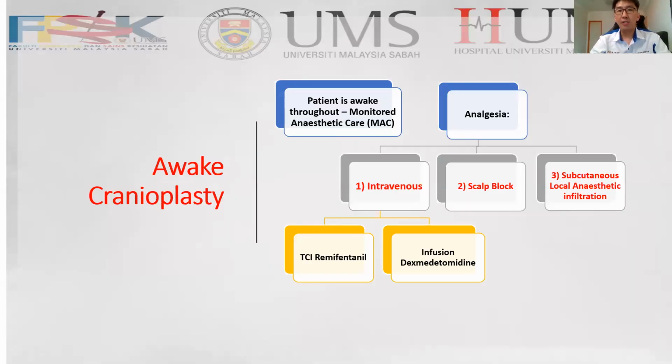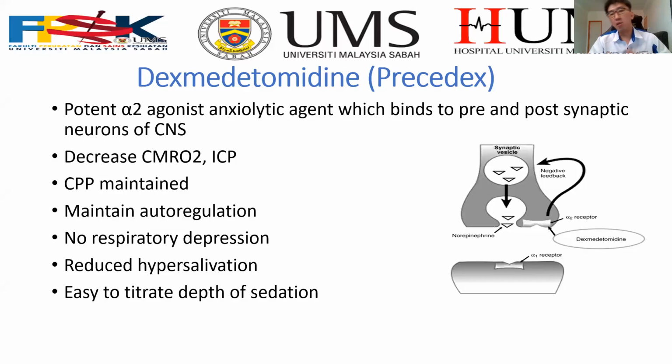So how we usually do it is that the patient is awake throughout the surgery, and we always employ monitored anesthetic care, MAC. And the anesthesia we use can be various IV agents, okay, like remifentanil, or an infusion of dexmedetomidine, Precedex, okay, scalp block, and LA infiltration, okay. So again, we know about Precedex. The pharmacology of it is an alpha-2 agonist, very potent, and it binds to the pre and post-synaptic neurons to prevent the release of noradrenaline.